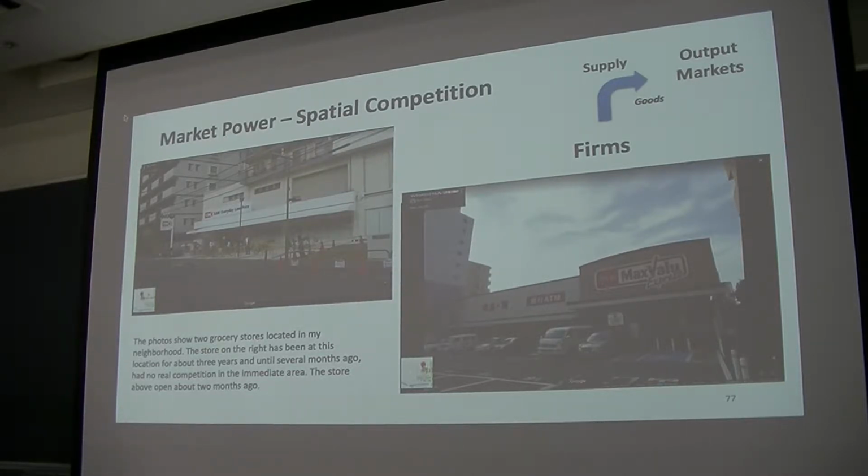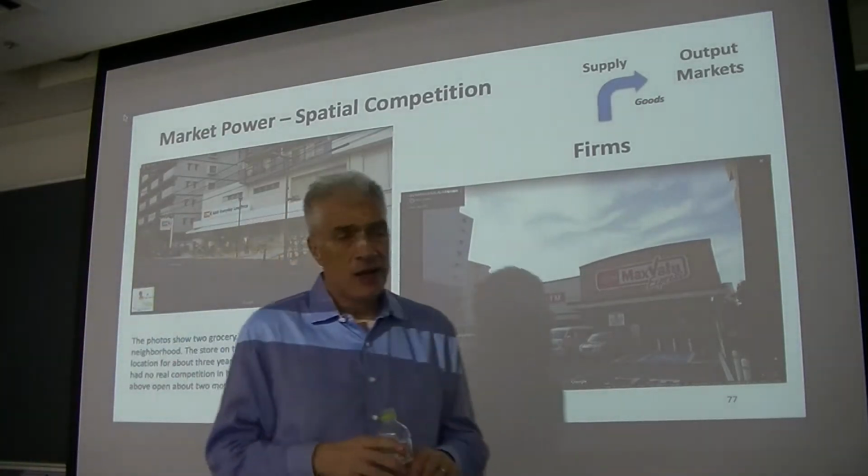This is an example of the drama and the battle of spatial competition that's going on right outside my door. This is something you can find in your neighborhood. These are things you can look for. Your neighborhood may have this kind of competition, and this kind of thing goes on out there in the real world. These are two grocery stores located in my neighborhood.